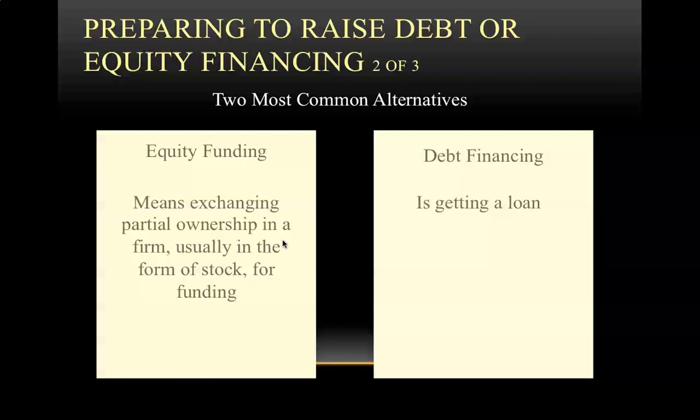Debt financing is getting a loan. Simple. And of course, getting a loan is getting a loan from a bank, or indeed maybe friends or family. Usually, not always, but usually with debt financing loans, you will pay interest on the loan. How that works, for example, is I might get a 10,000 BD loan. I have to pay it back over 5 years.